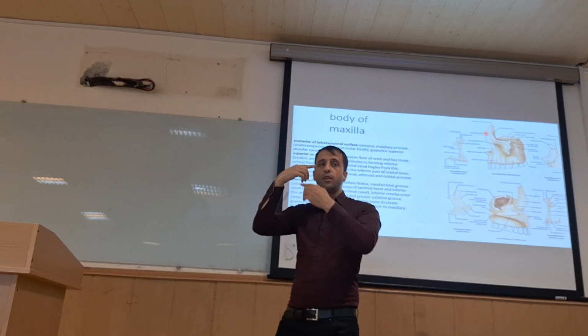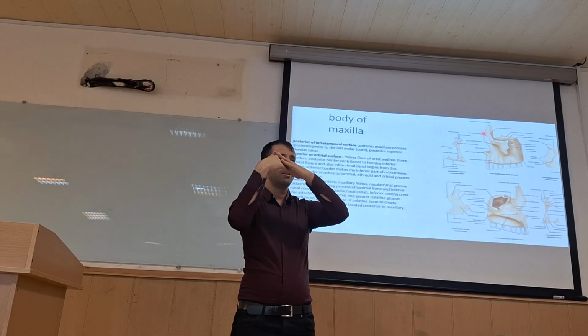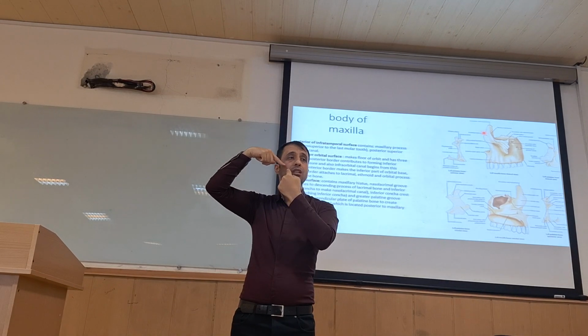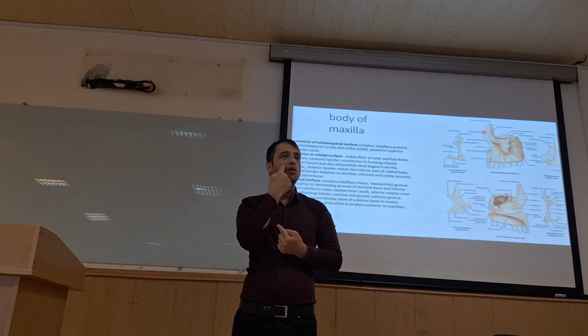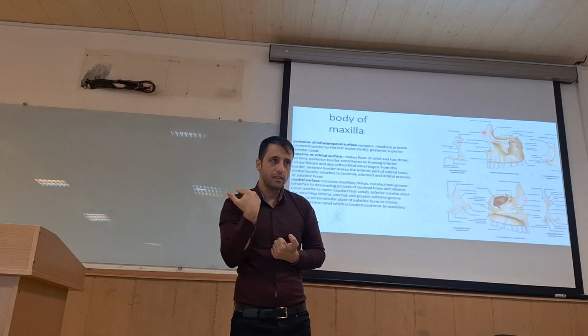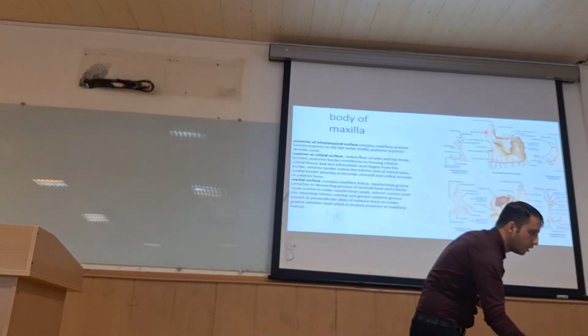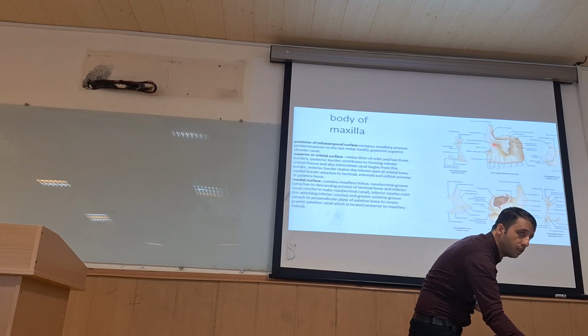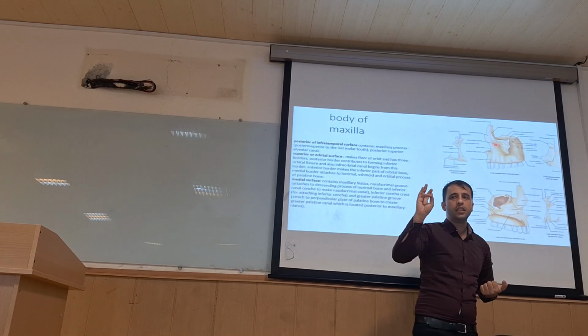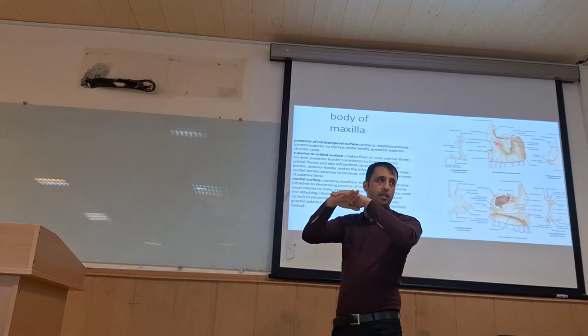Infraorbital groove is located in the superior surface, then inserts into the depths of the maxilla to emerge in the infraorbital foramen. Okay? Here, infraorbital groove emerges in the infraorbital foramen. It is the superior surface.